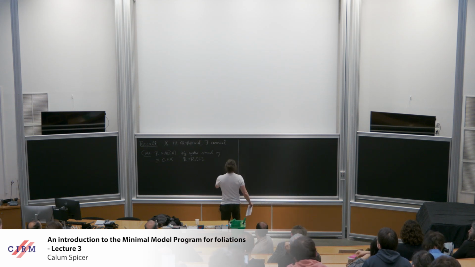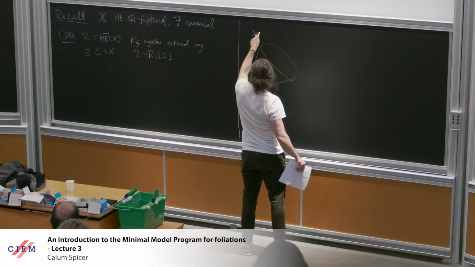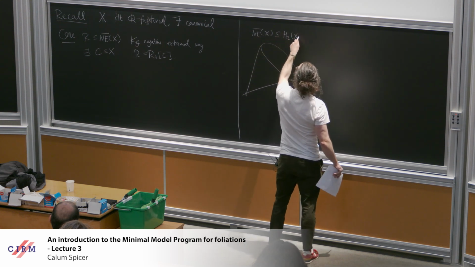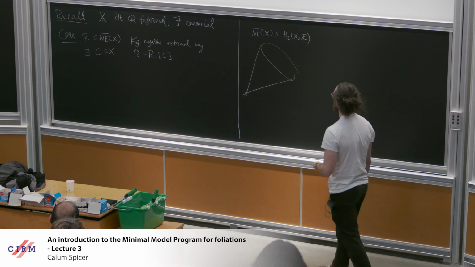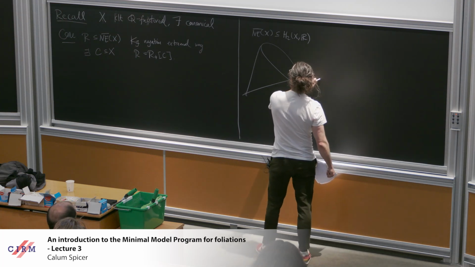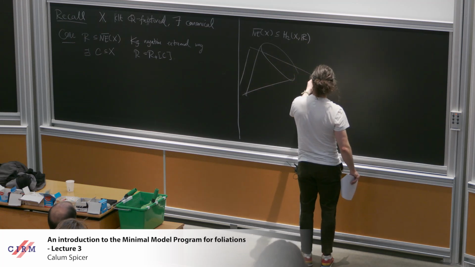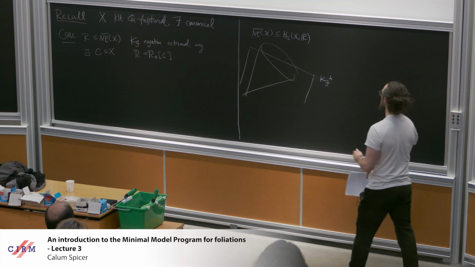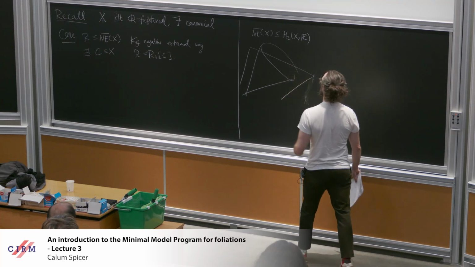Again, the idea is that our Kleiman-Mori cone is, remember, the closed convex cone generated by homology classes of rational curves. And then we have some hyperplane inside H2, which is divided in 2 by K_F perp. Maybe it goes like this.